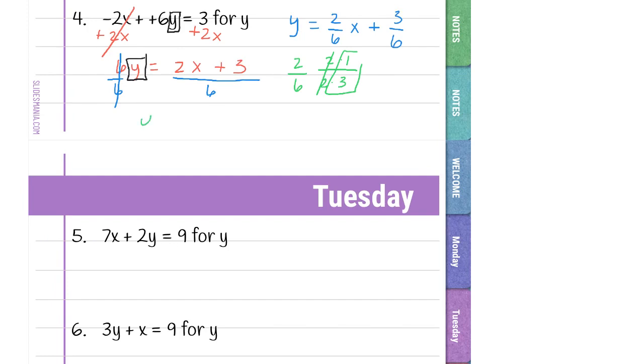So then I have right here y is equal to 1 over 3x. Can I reduce that 3 over 6? Yes, I can. I have 3 times 1 and 3 times 2. These reduce to 1, and I'm left with 1/2. That's a positive 1/2. So plus 1/2. And this is my final answer.